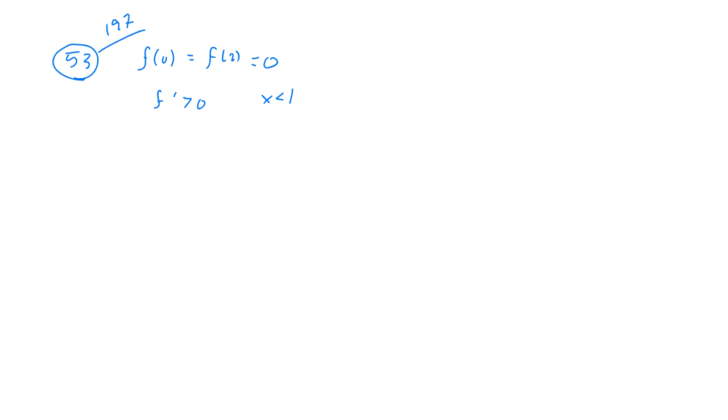We know that f prime of 1 is 0. We know that f prime is negative when x is bigger than 1. And we know that f double prime is always negative.